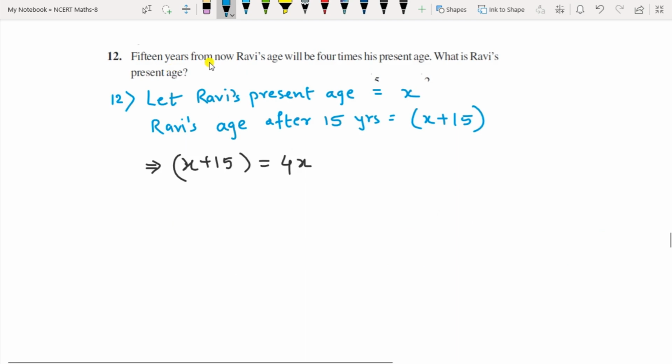So 17, 46 and 72 are the ages of the three people.